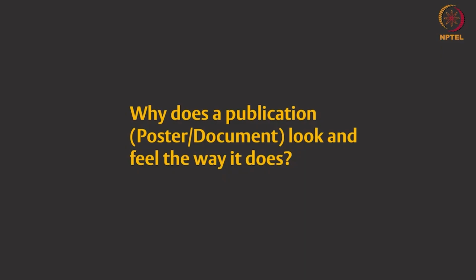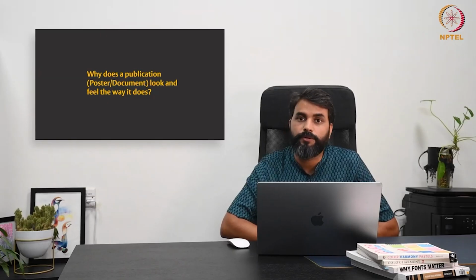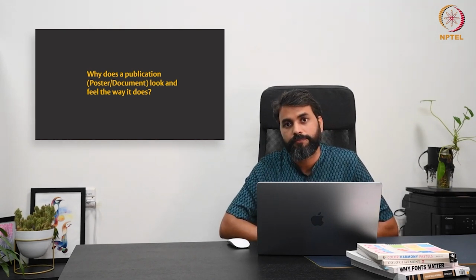Tell me, why does a publication look and feel the way it does? For example, a fashion magazine's layout, color, font, and image choice would be very different from a stock market magazine. Do you agree?